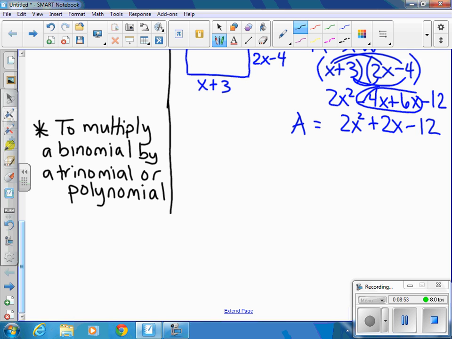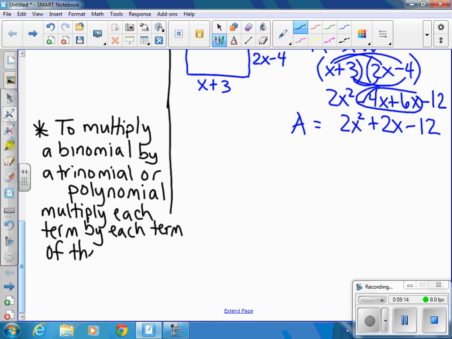All right, so in order to do that, you're going to multiply each term by each term of the other polynomial, and simplify.